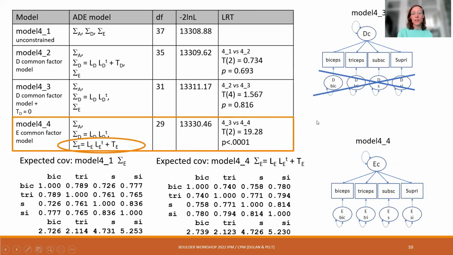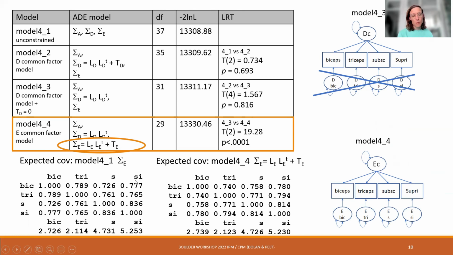So what we can do next is continue with this model and apply the common factor model to the non-shared environmental effects, to sigma E. And if we do this, again with 2 degrees of freedom difference with the previous model, we see that the test statistic is highly significant.